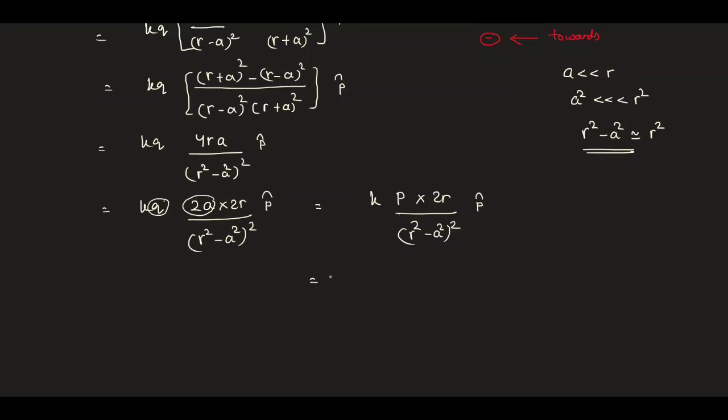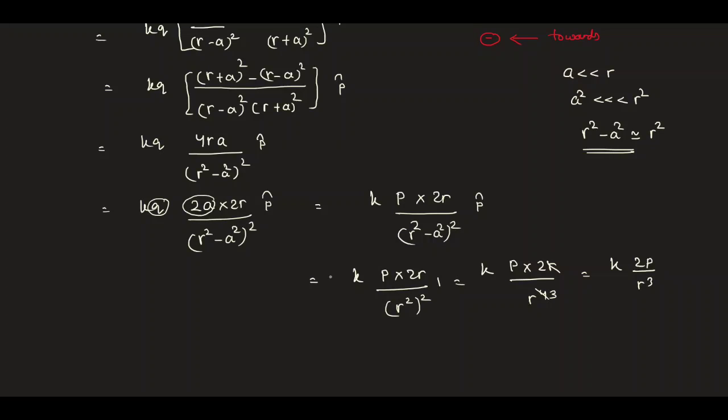So in this expression, I can make some changes. In the denominator, I have R square minus A square. This value is almost equal to R square. So R square, and I have another square here. So it becomes KP into 2R divided by R to the power 4. So R will cancel, and you'll get K into 2P divided by R cube.